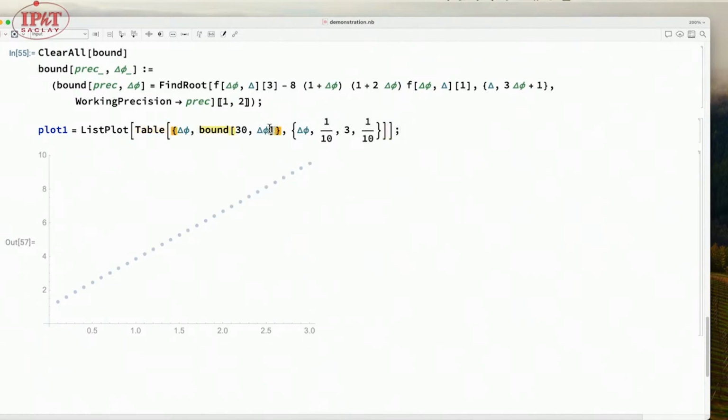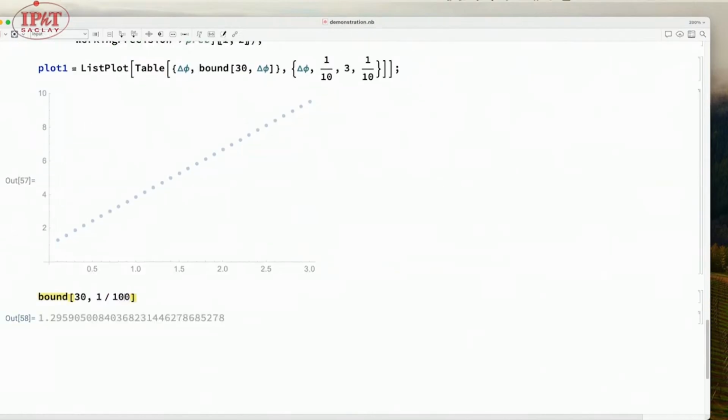By the way, let's see what this bound does when delta phi becomes small. Okay, it's kind of close to 1 here. It gets very close to 1. So as delta phi decreases, the bound seems to be getting close to 1, and we know a theory that lives there, which is the free fermion, which is a solution of this equation, by the way.